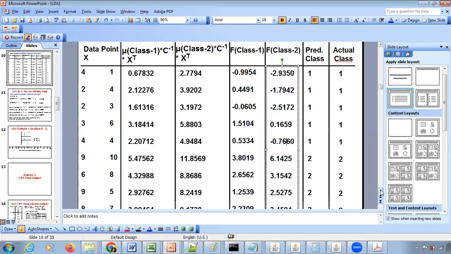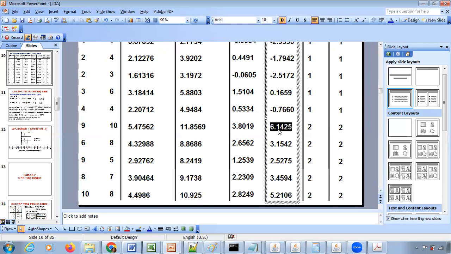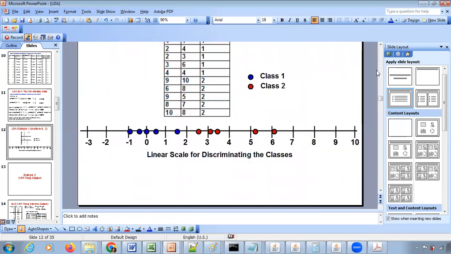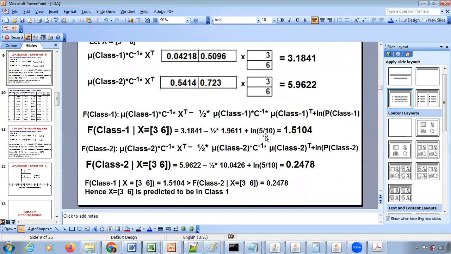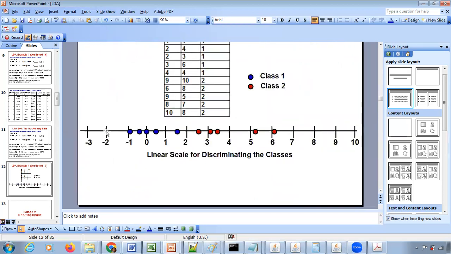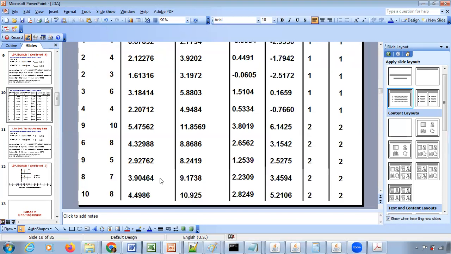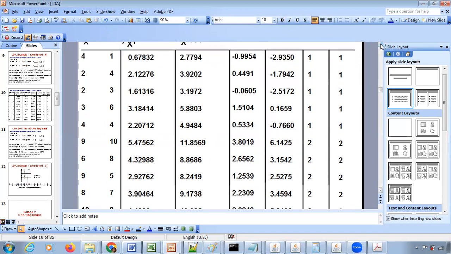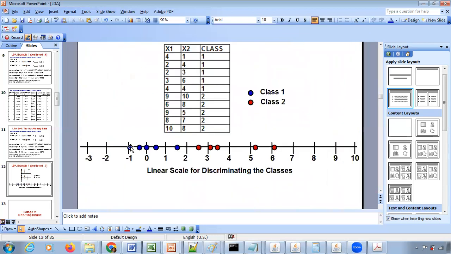Now for these next 5 records, we're going to have this number larger than this. So that's class 2 predicted, again class 2, class 2, class 2, class 2. So if you just plot the largest value that we pick between the two classes, the value we use to decide the class, the negative 0.9954 is basically this data point here.